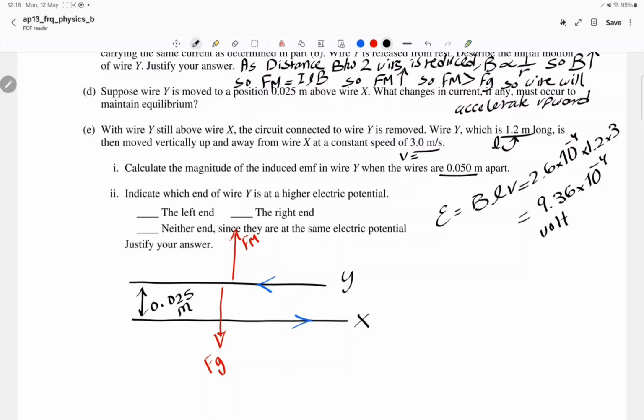Okay. Part (b)(ii): indicate which end of wire Y is at the higher electric potential. Now look, wire Y is going to be experiencing a magnetic force on it due to wire X. The current in wire X is going to the right.